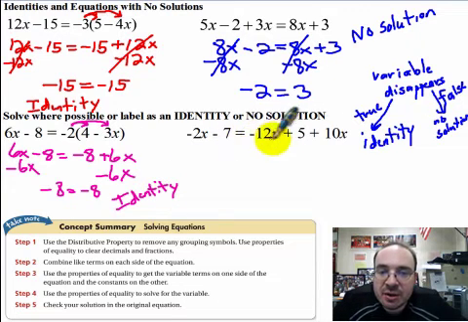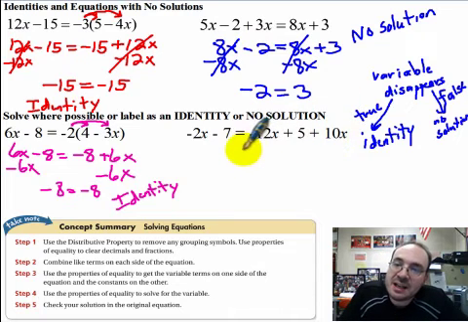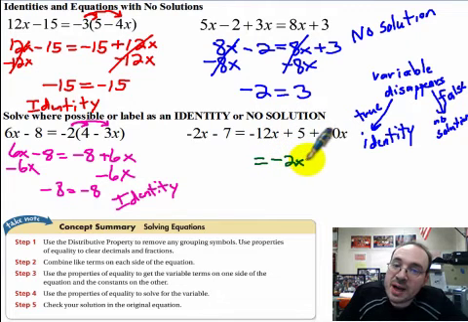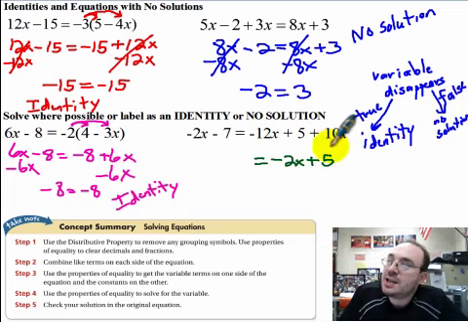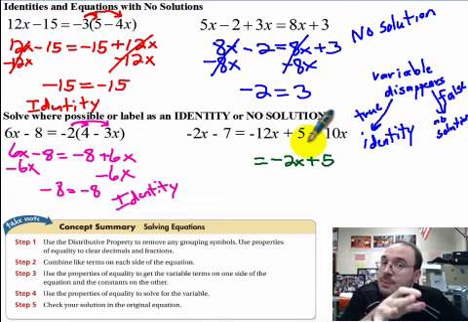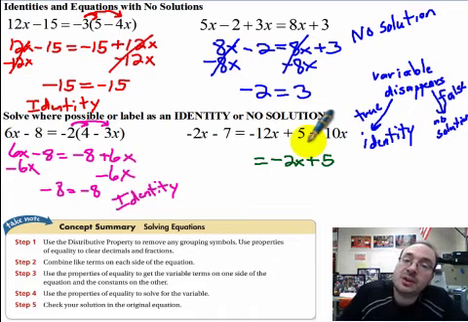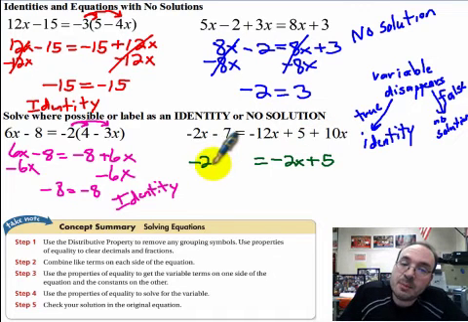And then over here, I see that I have a negative 12 and a 10, but since they're on the same side, I would combine them before doing anything else. So negative 12 plus 10 is negative 2x, and leave the 5. If you're not able to add negative 12 and 10 yet, you really need to go back and review adding negative numbers.